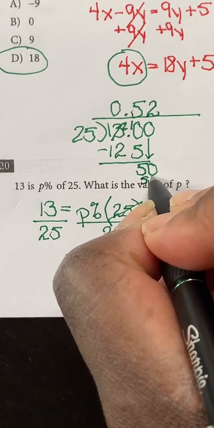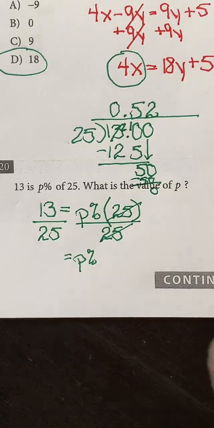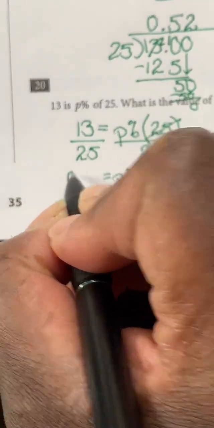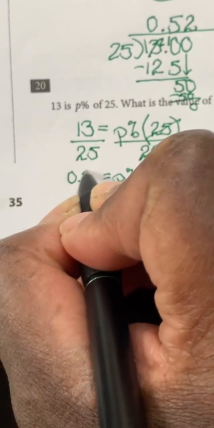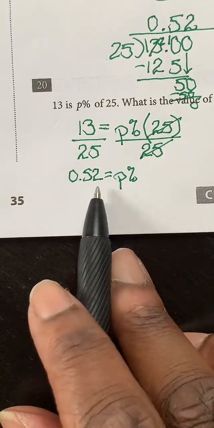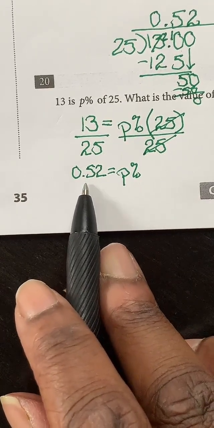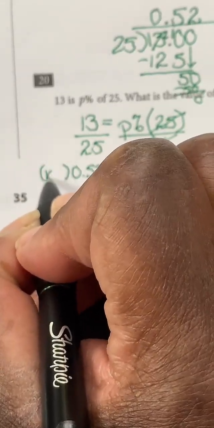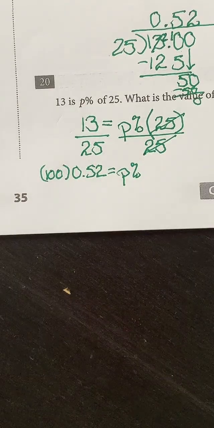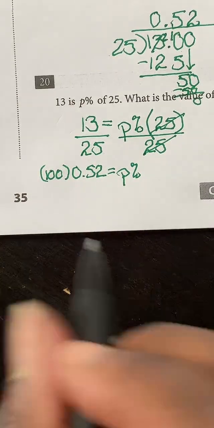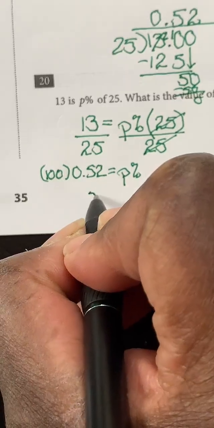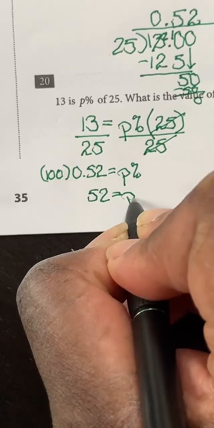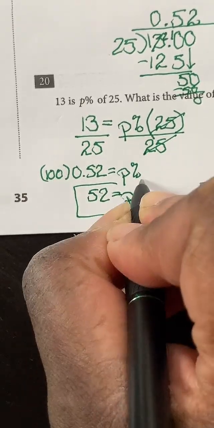Now we don't have any remainders, which is nice. That's what 0.52 is, but that's as a true decimal. If we want this as a percent, we need to multiply this bad boy by 100. That's how we go from a decimal to a percent. Multiply by 100, and that puts you exactly at 52. That's what P equals.